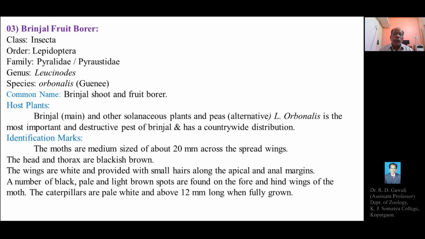The wings are white in color and provided with small hairs along the apical and anal margins, and a number of black, pale, and light brown spots are found on both pairs of wings, that is forewings and hind wings of the adults. The caterpillars are pale white in color and measure up to 12 millimeter in length when fully grown.